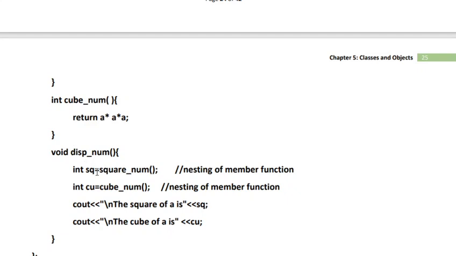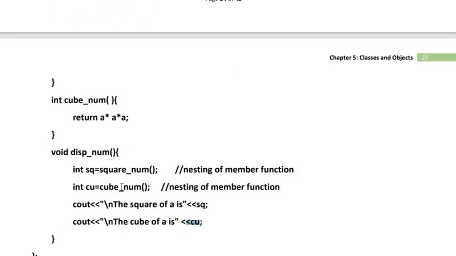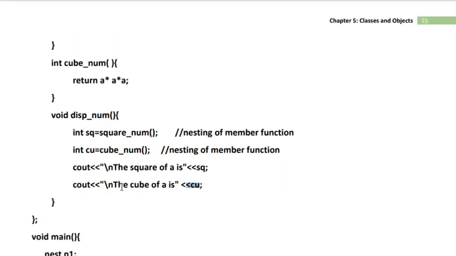In display num we have declared a variable sq, initialized with the invocation of square num, and cu, initialized with the cube num function. Then we print the values of sq and cu. So whenever this function is executed, the square num and cube num functions elsewhere in the class definition are invoked in order to find the square and the cube of the number.